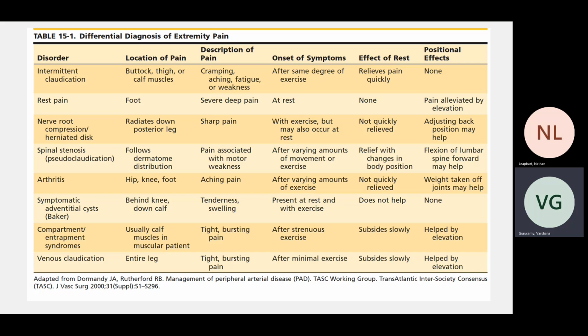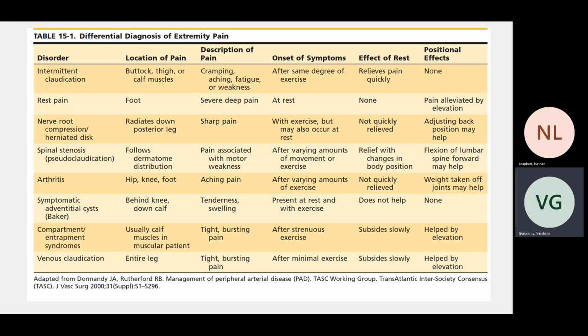And then along with PAD, there are other things obviously that can cause leg pain that can be confounding. So you've heard about patients maybe with spinal stenosis, like that classic old person having to walk hunched over the shopping cart. So it's important to ask these patients questions like, does this get better when you bend forward, or do you have pain when you stand up?